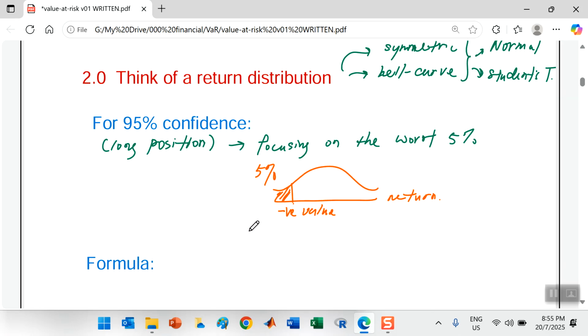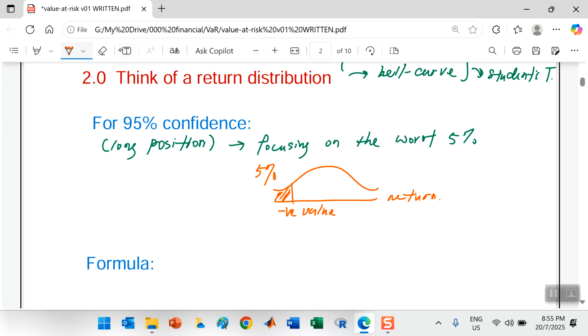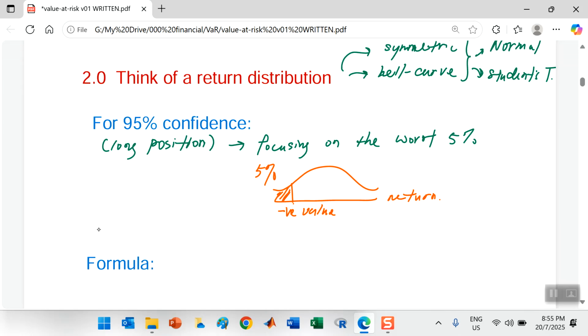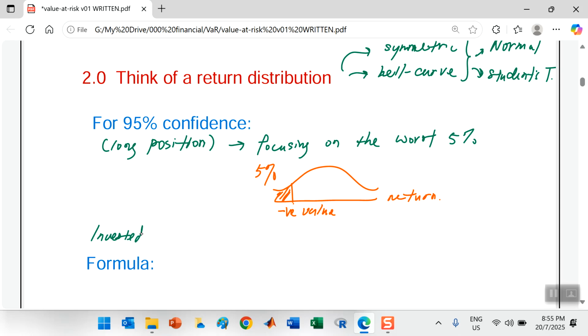Okay, so if you have invested, let's say, 100,000 in dollars, then with the 5% VAR you expect to lose more than 5%.